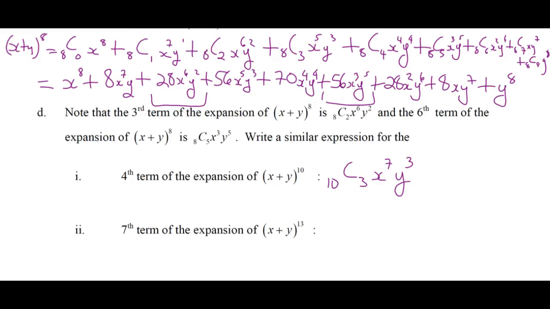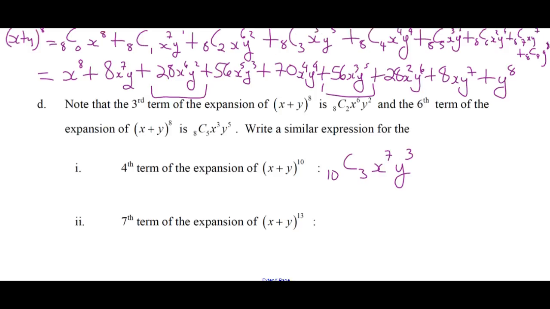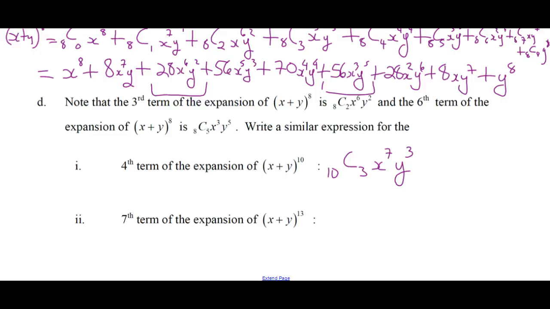Okay. What's the 7th term in the expansion of x plus y to the 13th? So 13 choose, the 7th term is 13 choose 6, because the first term is 0, right? So if I want the 7th term, I go to 6. And then x to the 6, y to the 7.